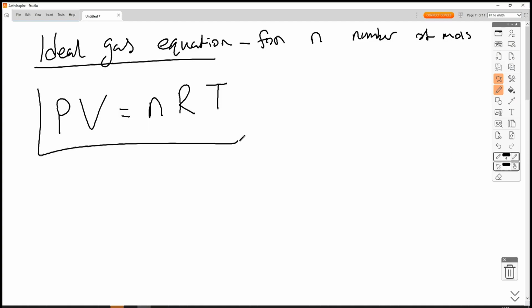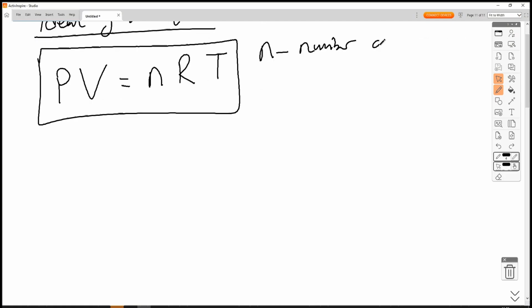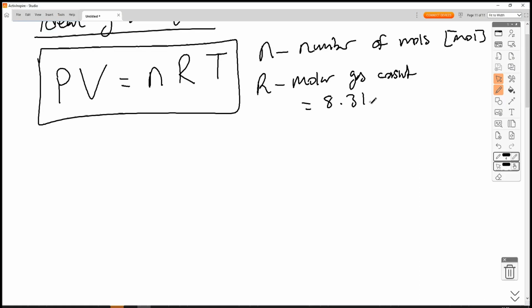So we get PV equals nRT, where n is the number of moles, and R is called the molar gas constant, which is equal to 8.31 joules per mole per Kelvin.